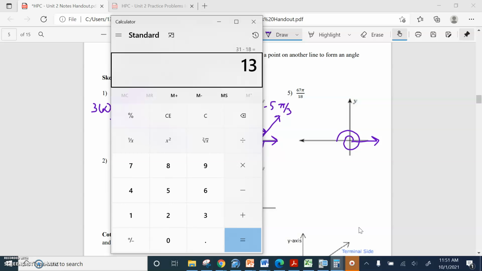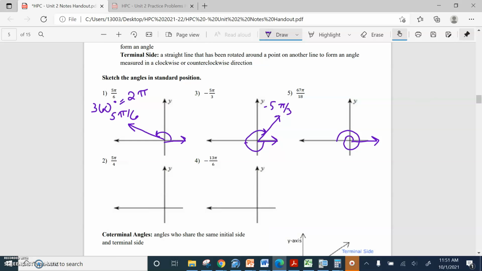That's pretty close to like a 2/3, 3/4 mark. So I'm going to go all the way down and around to somewhere down here, and that'll finish off that 67 pi over 18. There we go. That's your representation. It just means that you've gone around the circle more than once.